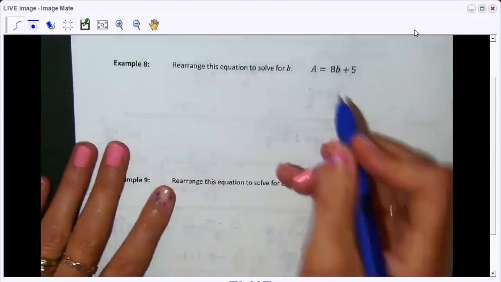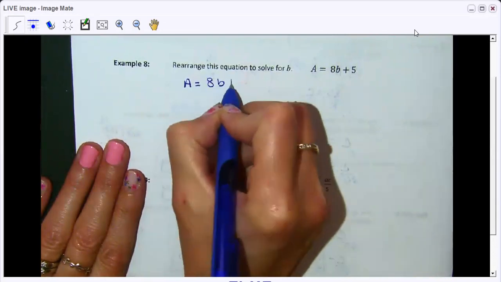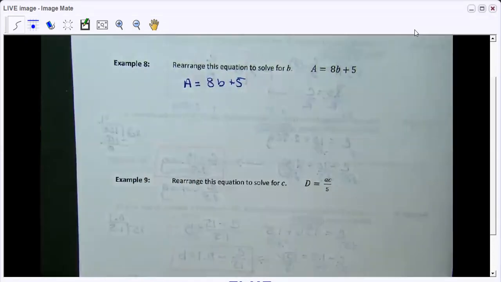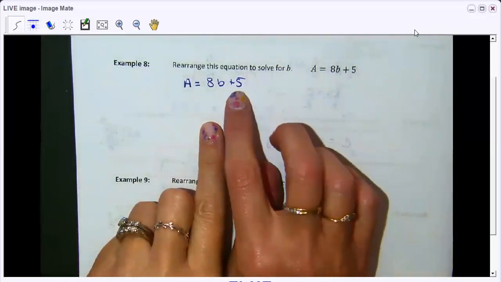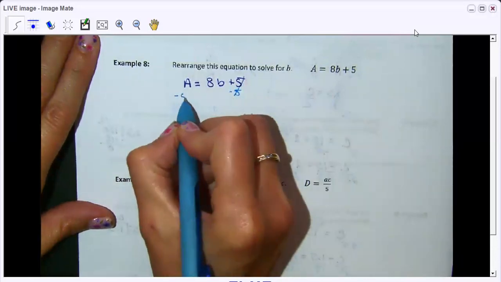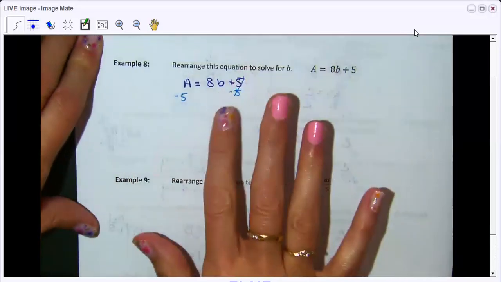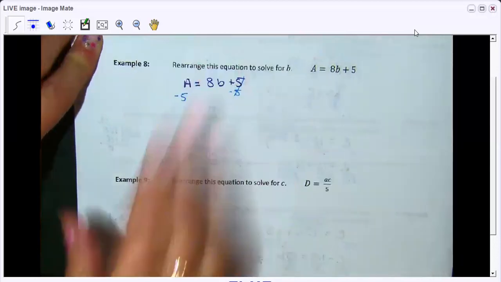So we have A equals 8B plus 5. A lot of you were trying to divide by 5, but notice that 5 is not being multiplied, it's being added. So we have to subtract 5. And don't subtract it from 8. You subtract it from one side, you subtract it from the other.